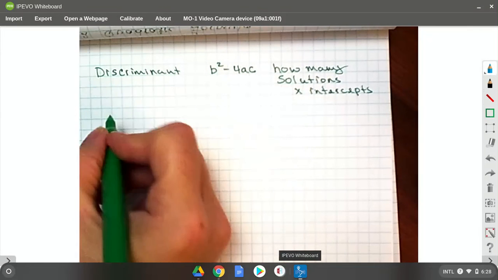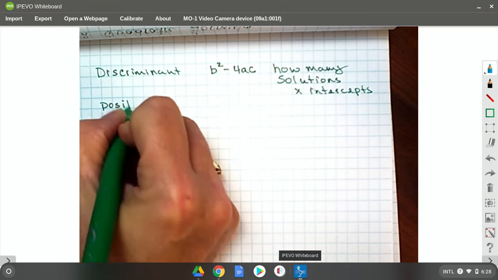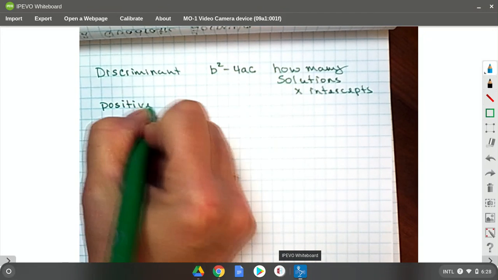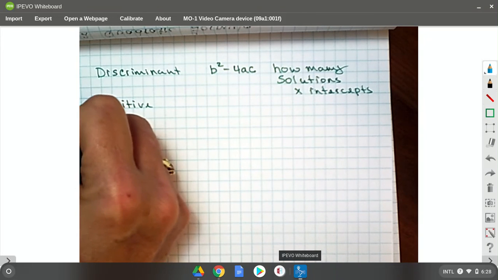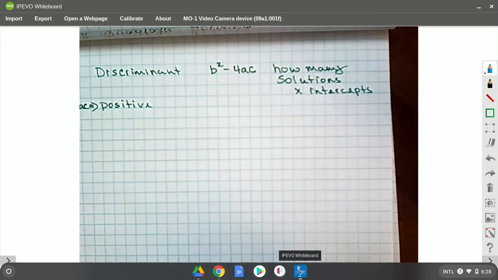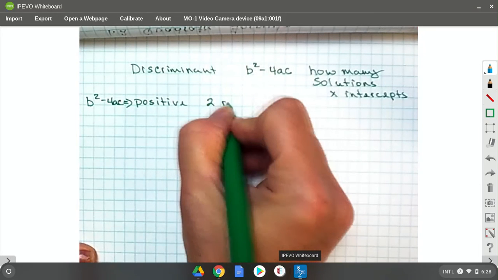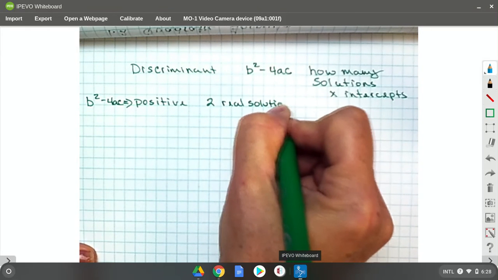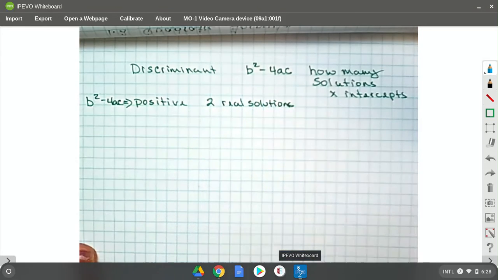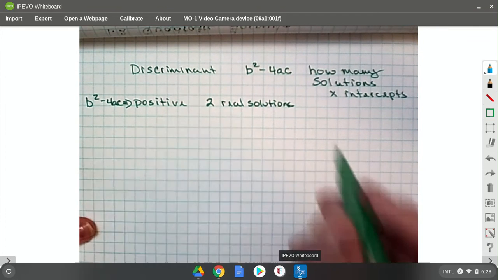So if b squared minus 4ac is positive, then you're going to have 2 real solutions. They might not be rational, but they will be two real solutions.